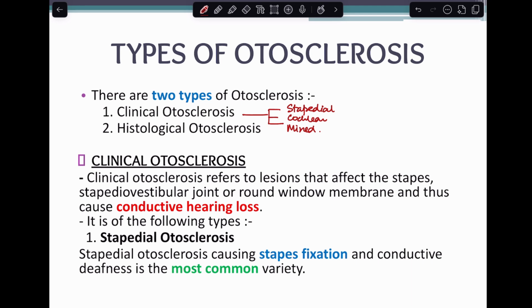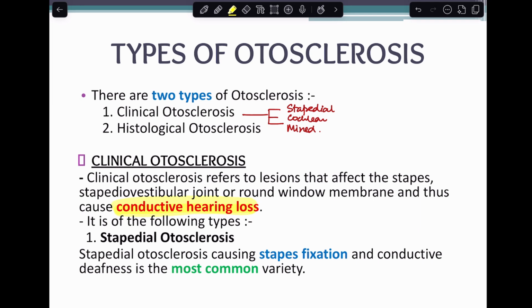So, what is clinical otosclerosis? Clinical otosclerosis is when we are seeing lesions which are affecting the stapes, the stapedovestibular joint, or the round window membrane, and they end up in clinical signs and symptoms. They'll present to you with conductive hearing loss or even other types of hearing loss as well.